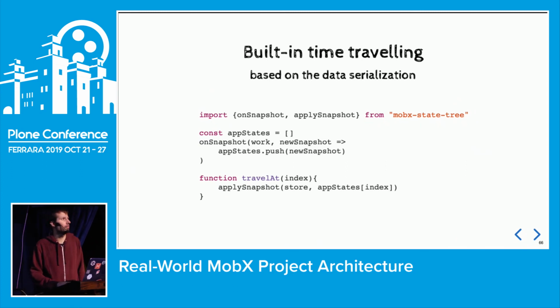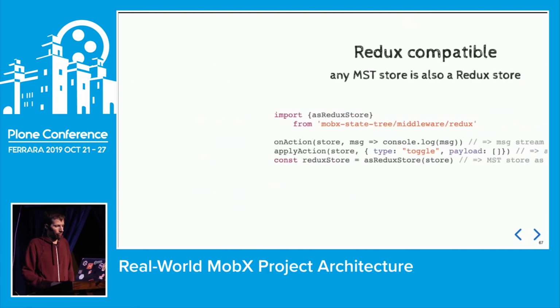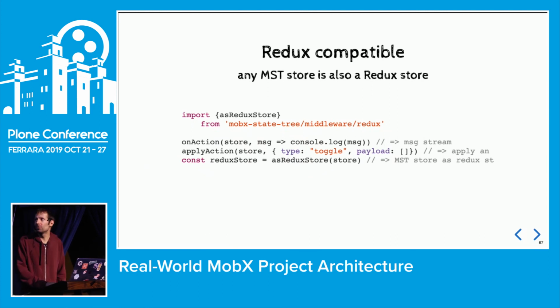When we want to travel back, we just restore that application state. And also, any MobX State Tree store is also a valid Redux store, right? So that means you can write your component for Volto in MobX and MobX State Tree, and then use it as a Redux store or as a Redux reducer in order to integrate it inside of the Volto architecture, right? No problem with that.